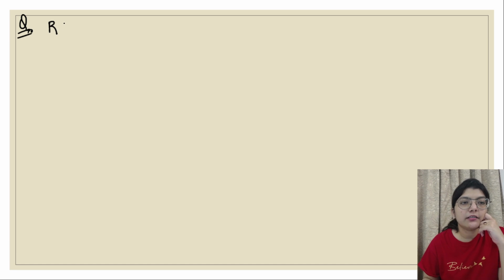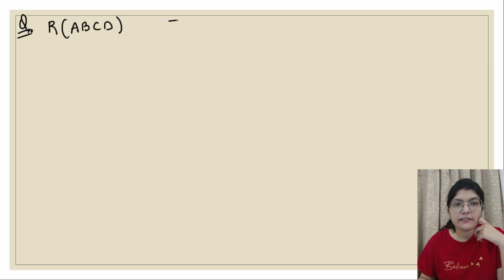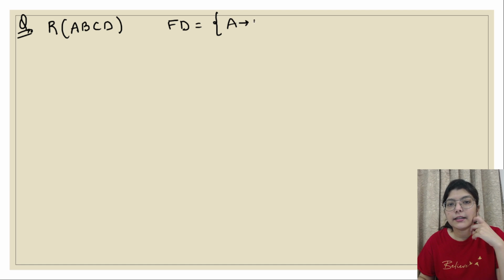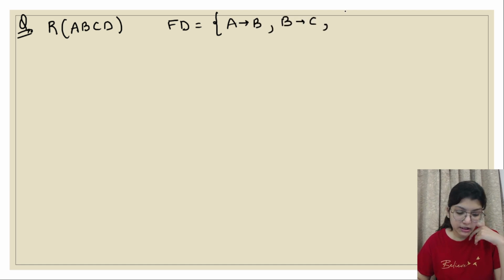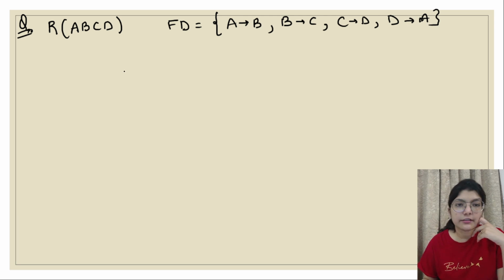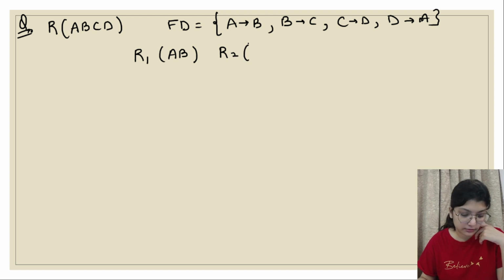Okay, so I have another relation R, which is A, B, C and D, and the functional dependencies are A to B, B to C, C to D, and D to A. The decomposition is done into AB, BC and CD.